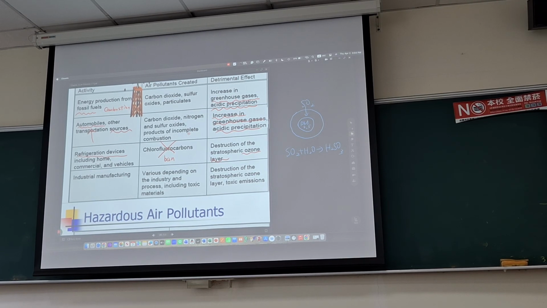Okay, and industrial manufacturers will generate toxic materials. They also destroy our ozone layer and generate some toxic emissions.